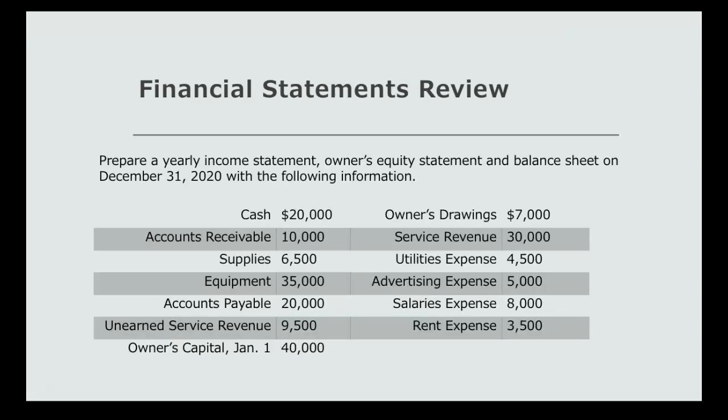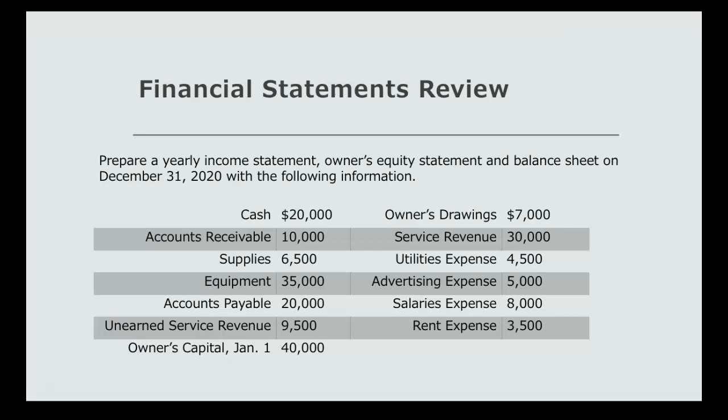So now we can work through this problem where we need to prepare a yearly income statement, owner's equity statement, and a balance sheet on December 31st, 2020 with the following information. So we have all of our different accounts here, right?